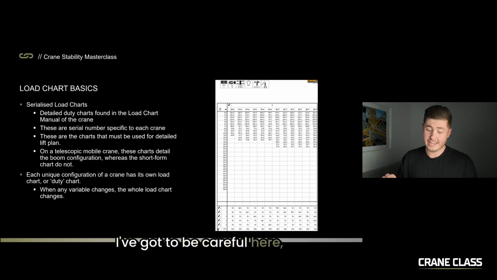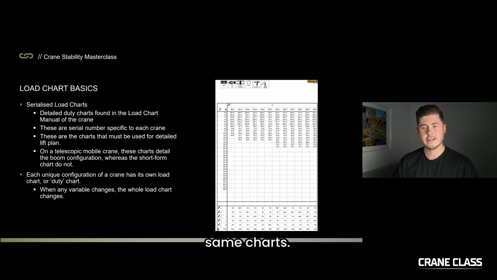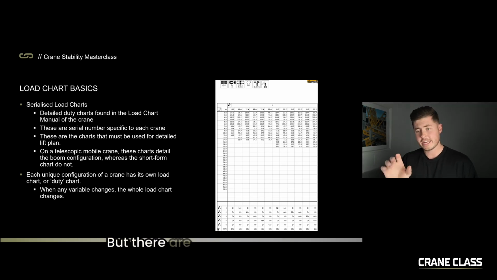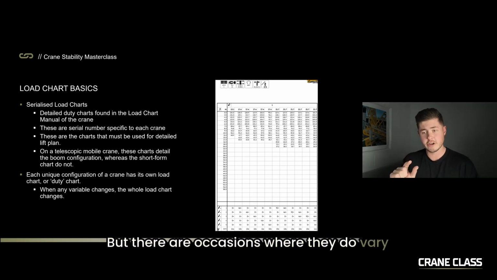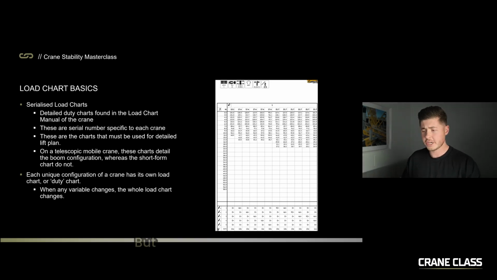I've got to be careful here, but in 98 to 99% of scenarios, they will have the exact same charts, but there are occasions where they do vary slightly due to updates that come through. But don't stress about that for now.